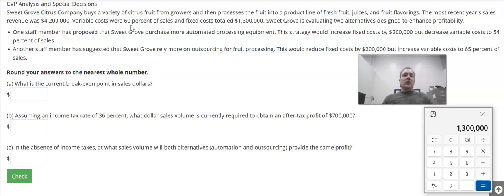So 100% sales minus 60% variable cost gives us a leftover 40%, and we call that the contribution margin ratio. I've already got my fixed cost plotted right here, so I'm just going to divide this 1.3 million by 0.4. If I do that, I come up with $3,250,000.